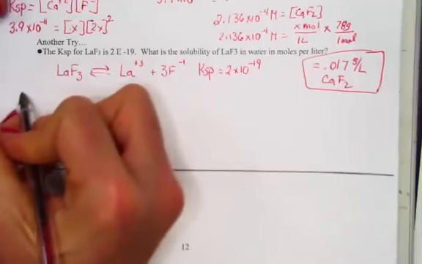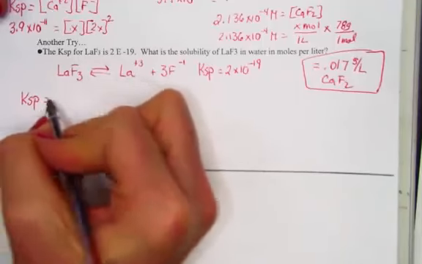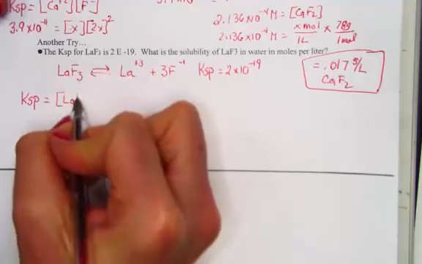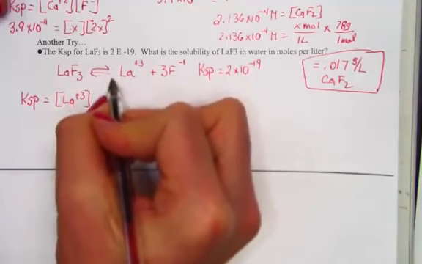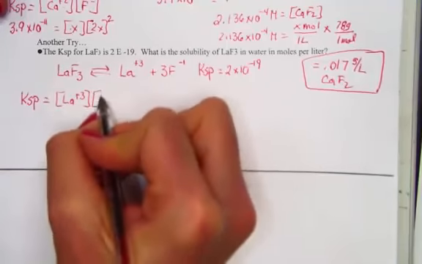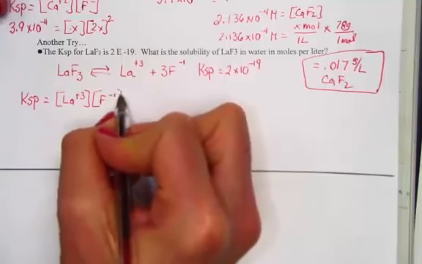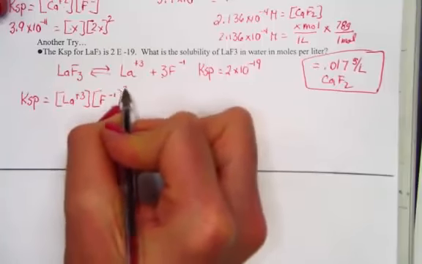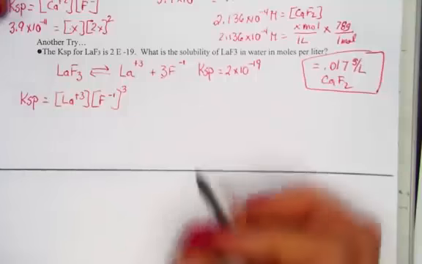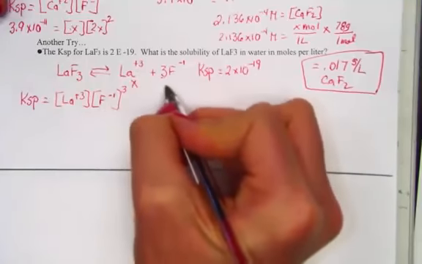So here's the expression. KSP is equal to the concentration of the positive ion raised to the first power times the concentration of the negative ion raised to its power of 3. Why don't we call lanthanum X?